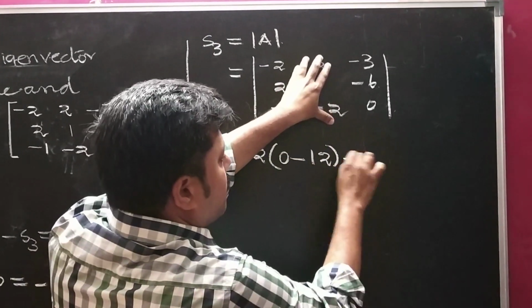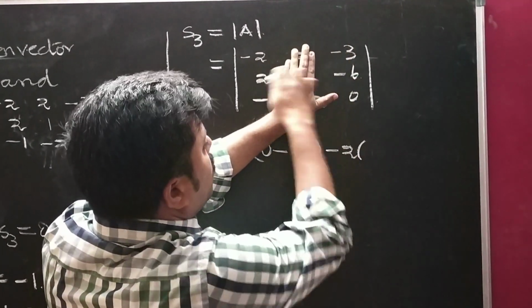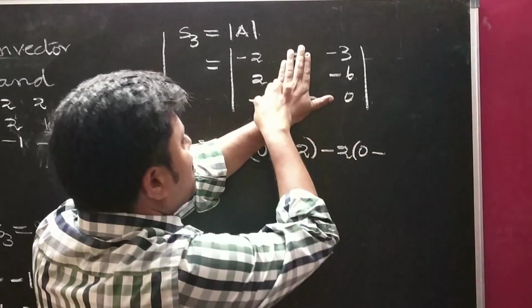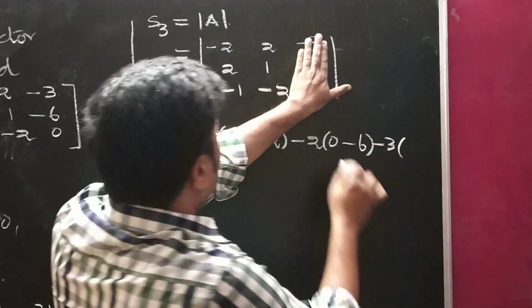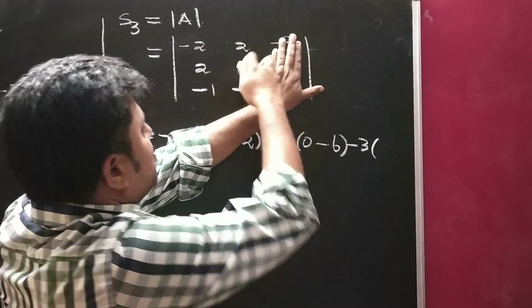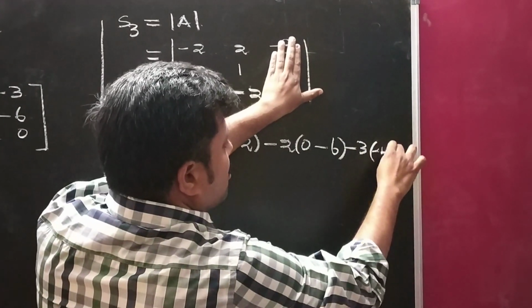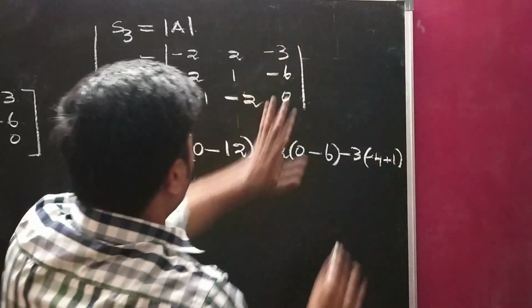Then A1,2 is 2, times 0, 0 minus minus 1 into minus 6, which is plus 6. Minus 3 times, omitting that row and that column, 2 into minus 2 minus 1 into 1, right?